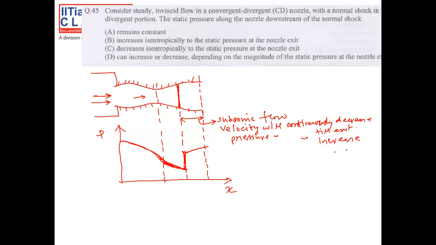This downstream part of the normal shock is isentropic, so no loss is taking place. So the correct option will be: it increases isentropically to the static pressure at the nozzle exit. Option B.